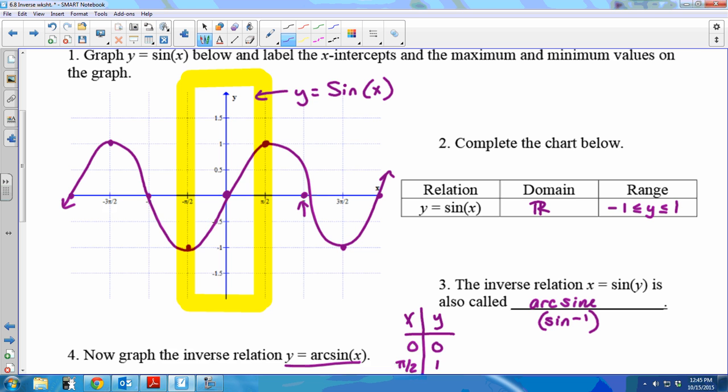Pi is over here, and that's not in the domain of sine with a capital S. So we wouldn't have an answer there. All right? We talked about sine of pi with lowercase. Well, we know what sine of pi is with lowercase because it's that point. So it's going to be important tomorrow that you know the difference between capital S and lowercase, because maybe you won't be able to get an answer, or you have to look at a specific set of values. You won't be able to look at everything.